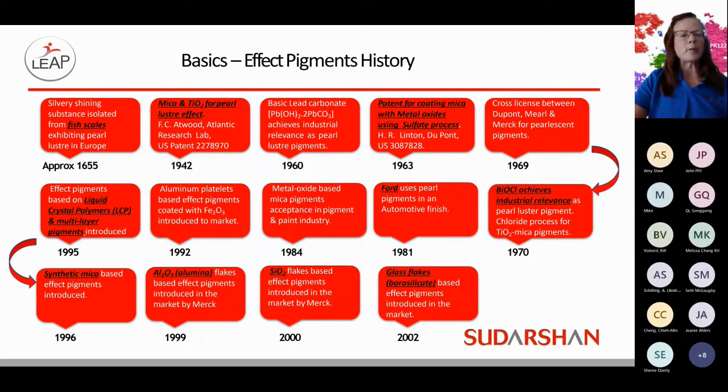In 1999, alumina was introduced as another alternate substrate, followed in 2000 by silicon dioxide, and then in 2002, glass flakes were introduced into the marketplace, expanding the effect pigment base to be quite large.